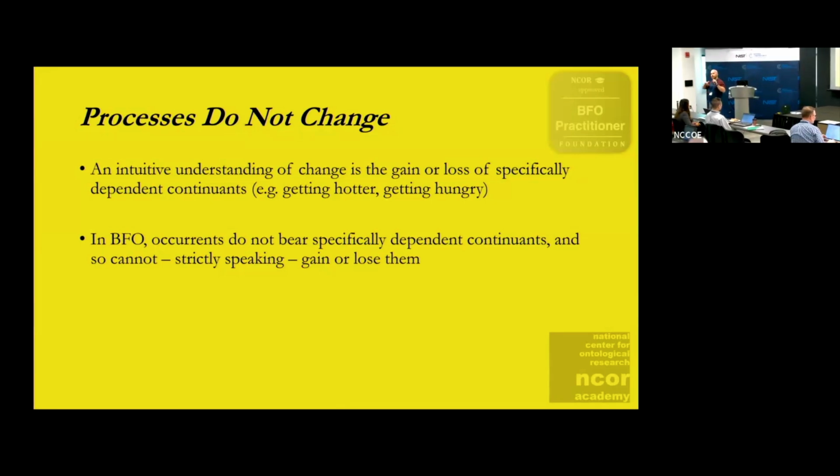All of that kind of rate change, all of those descriptions that you might be inclined to attribute to the process itself, they all have to be grounded in the material bearers, the independent continuant bearers, gaining or losing qualities or dispositions or roles over time. And so you always have to fundamentally point there when you're describing the change, rather than describe the process itself as bearing some kind of qualitative change.